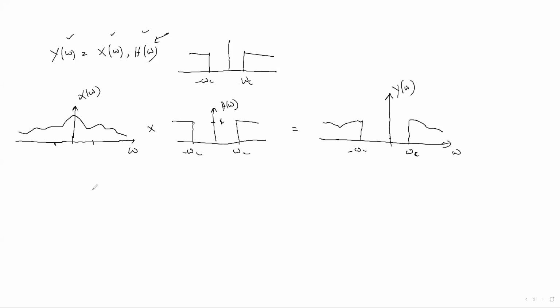Then the next filter is the band pass filter, BPF. From the name itself, you can say that it is some LTI system or filter which passes some band of frequencies.